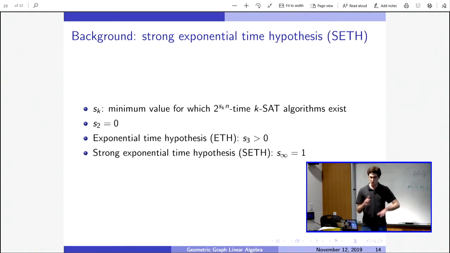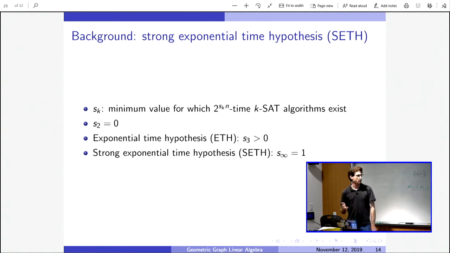So just to get a feel for things, s_2 is equal to 0 because there's a linear time algorithm for solving 2SAT. The exponential time hypothesis states that s_3 is strictly greater than 0. And the strong exponential time hypothesis is about k approaching infinity. One thing you might wonder is, why don't we just ask s_3 to be equal to 1?